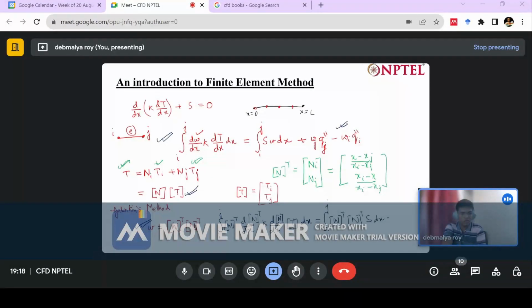If we try to write this in matrix form, this will simply become W transpose, and what will remain? Minus Qi double dash, and Qj double dash will be positive. We have done nothing but simply substitute this in the matrix form that we had defined.